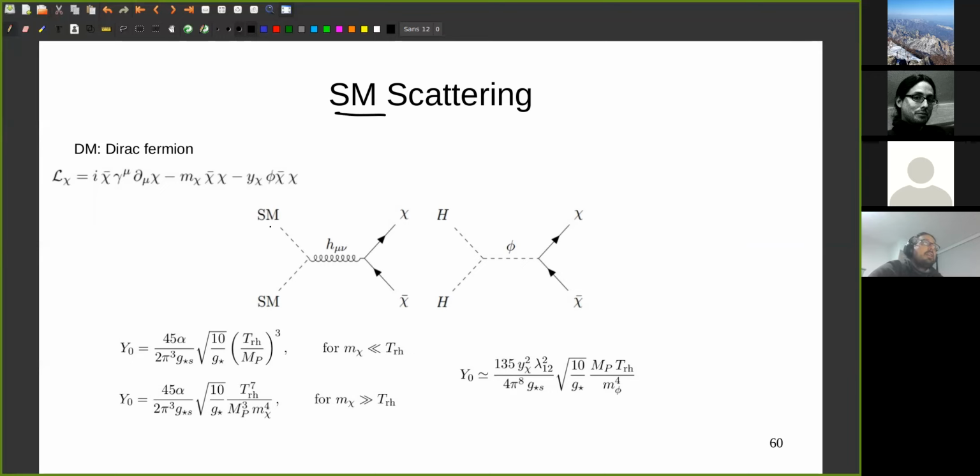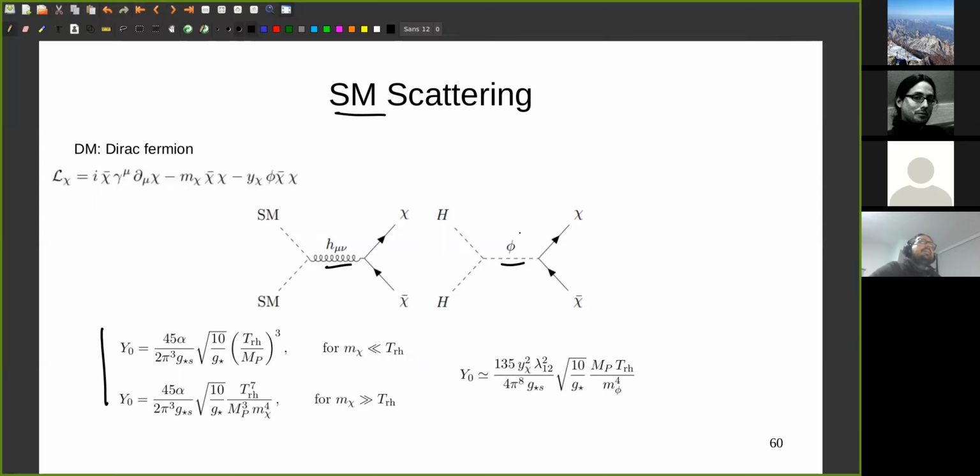So particles of the standard model bath can produce dark matter particles, again, via the s-channel exchange of either a graviton or an inflaton. Real inflatons are not there anymore. However, you can always have the virtual exchange of inflatons. And again, you can compute the total dark matter abundance produced via these kinds of processes.